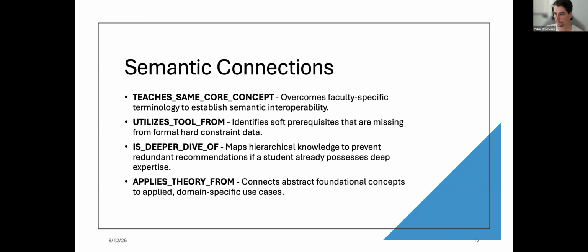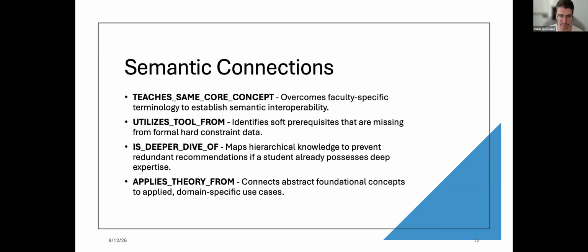Utilize this tool: there are many courses that teach you to use something, let's say Python for data science, but there is no link to another subject where you can really use it in practice and get deeper knowledge of it. So this is a semantic connection for that case. It lets you practice it.